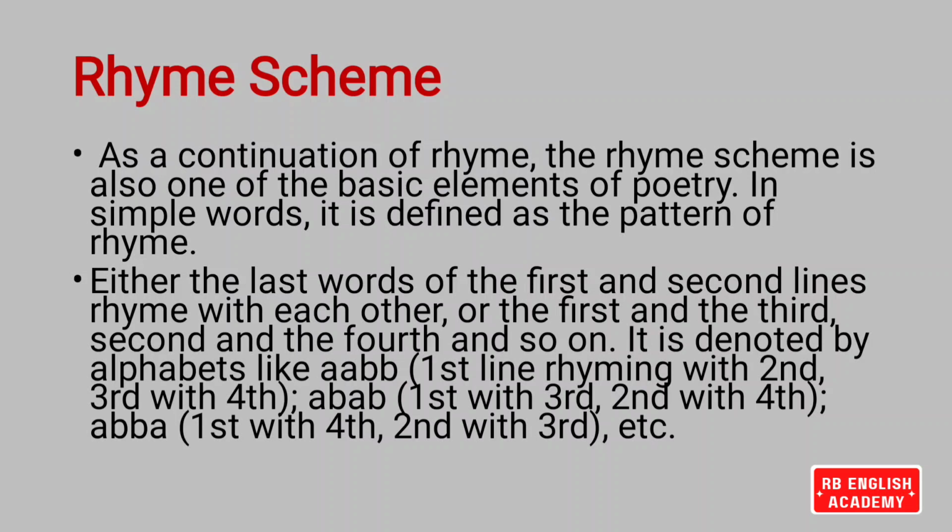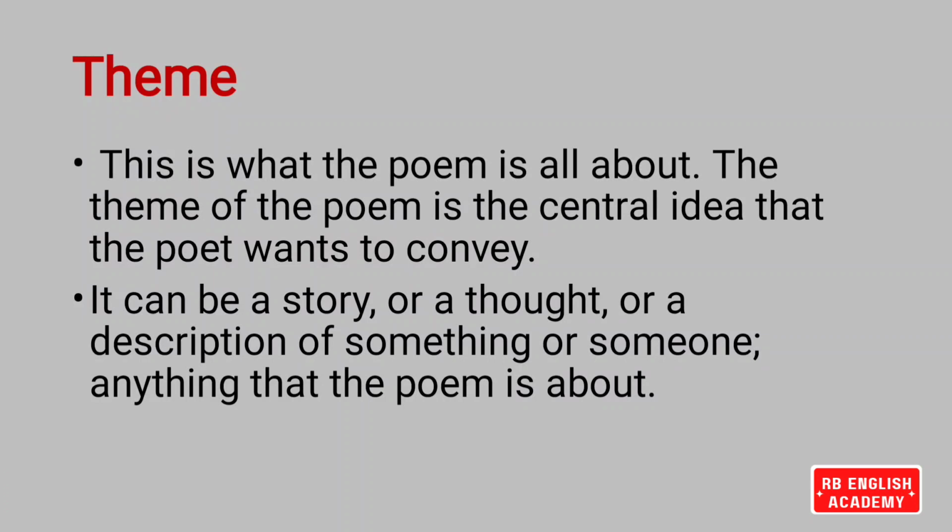It is denoted by alphabets like AA, BB: first line rhyming with second, third with fourth. ABAB: first with third, second with fourth. ABBA: first with fourth, second with third, and so on. This is rhyme scheme.